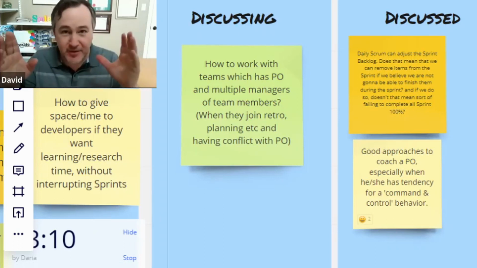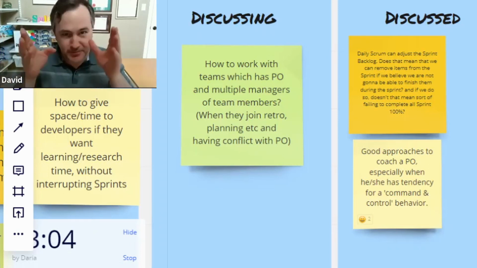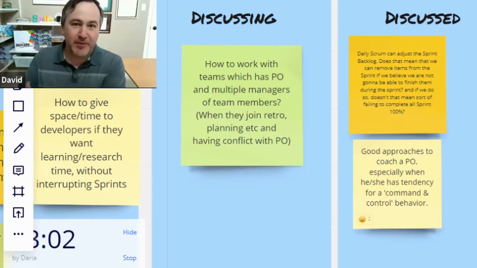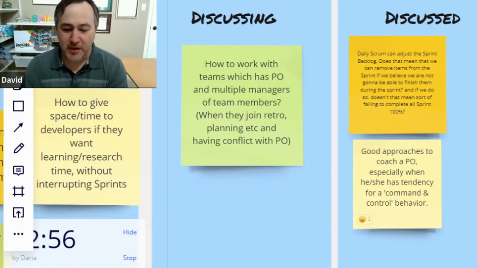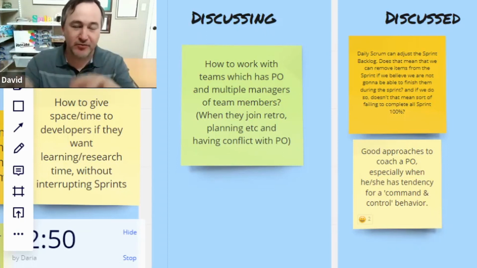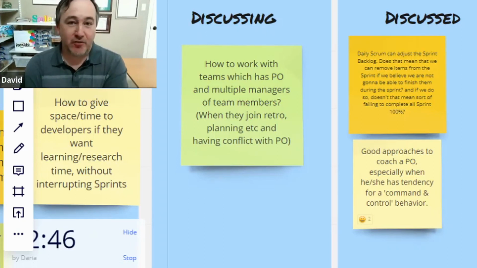In fact, there wasn't really a problem that the managers were attending these events, the planning event, the retrospectives. In fact, everybody was getting along for the most part. But the real problem occurred by the simple fact that the product owner assigned to the team really didn't have much authority.